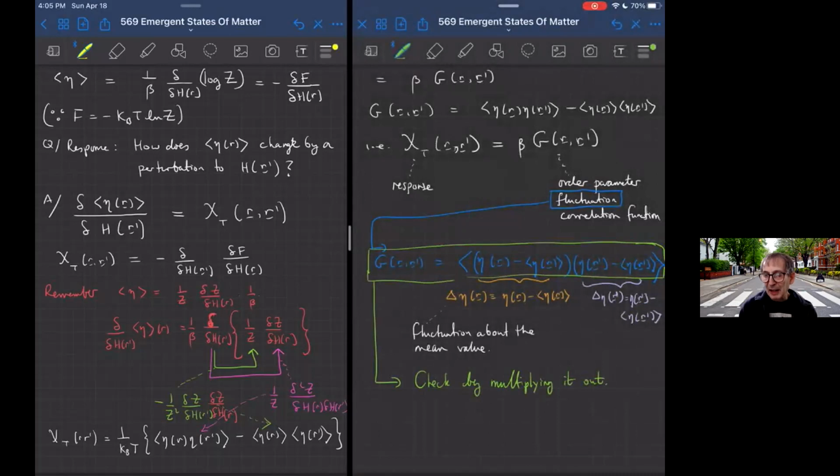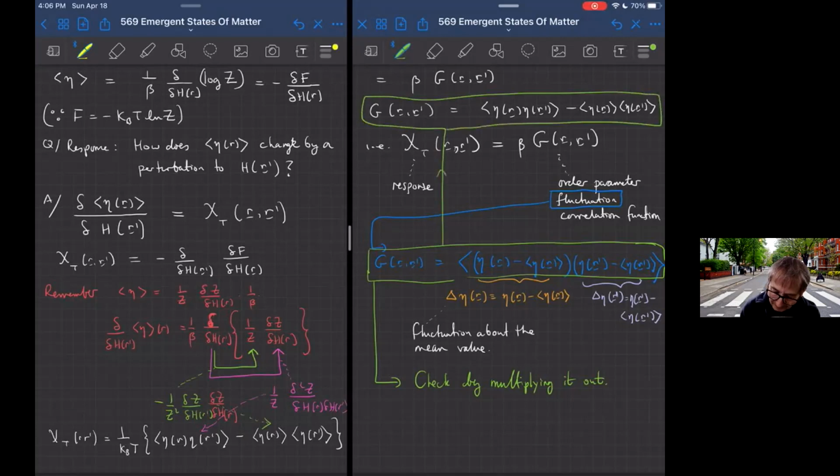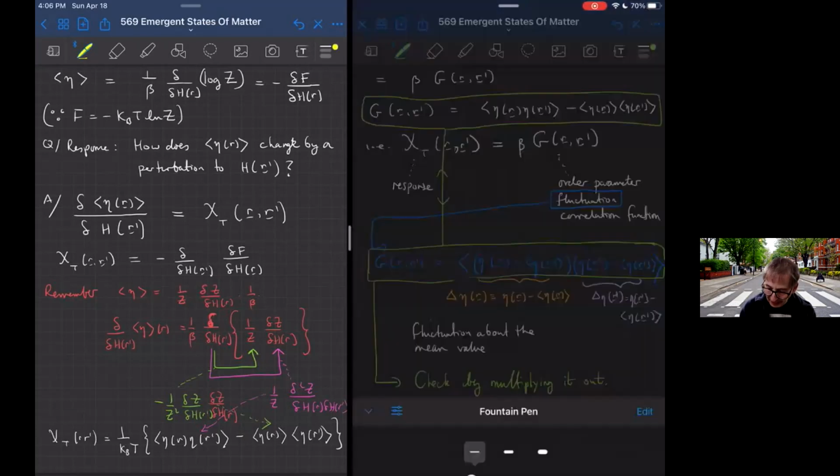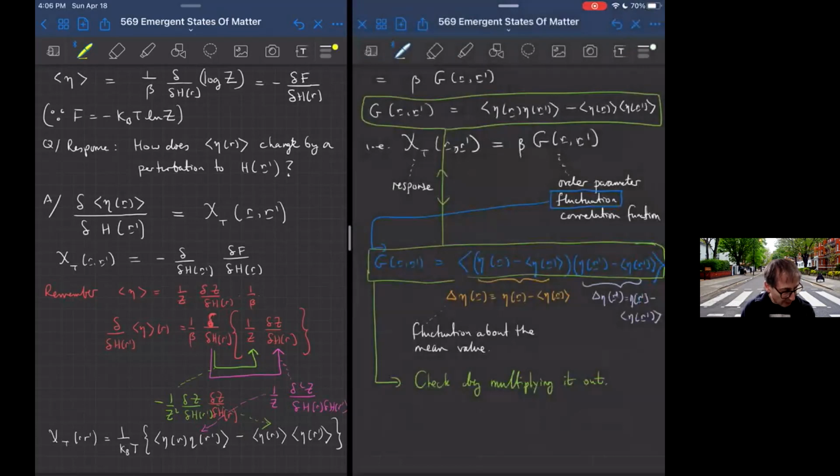Well, the expectation value of eta is some number, right? So what is the expectation value of that number? Well, it's the number itself. So you'll see that this term over here is exactly the equivalent of what we have over here. Okay, so that's the connection between correlation and response.